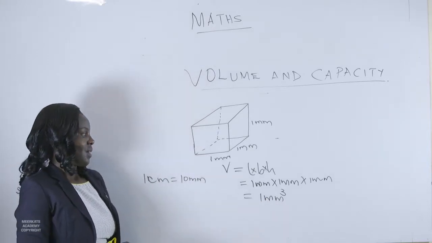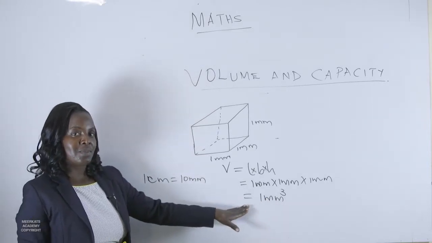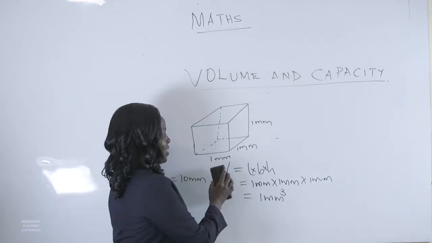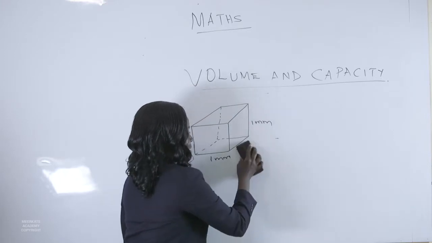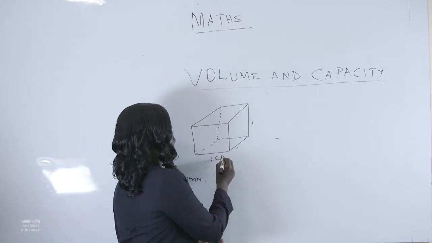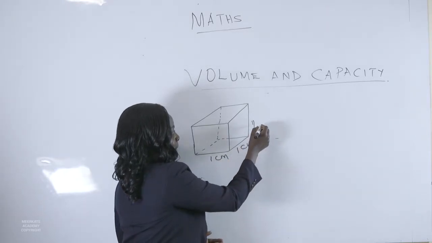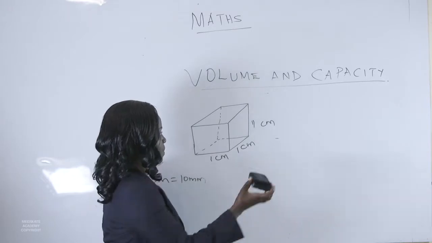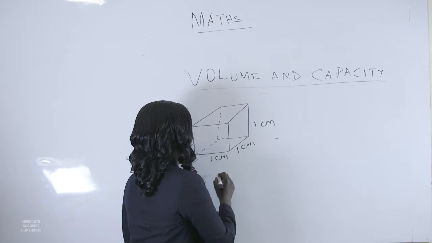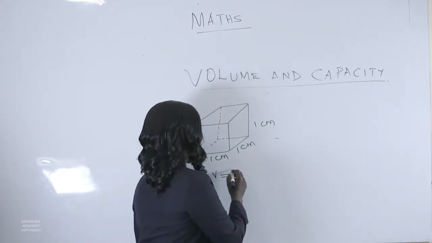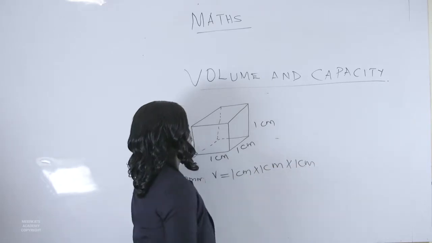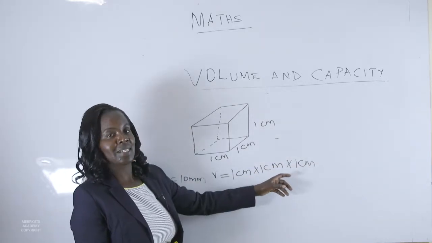So that's why we are saying volume is measured in cubic units. Supposing the measurement was in centimeters, then volume would be 1 centimeter times 1 centimeter times 1 centimeter.